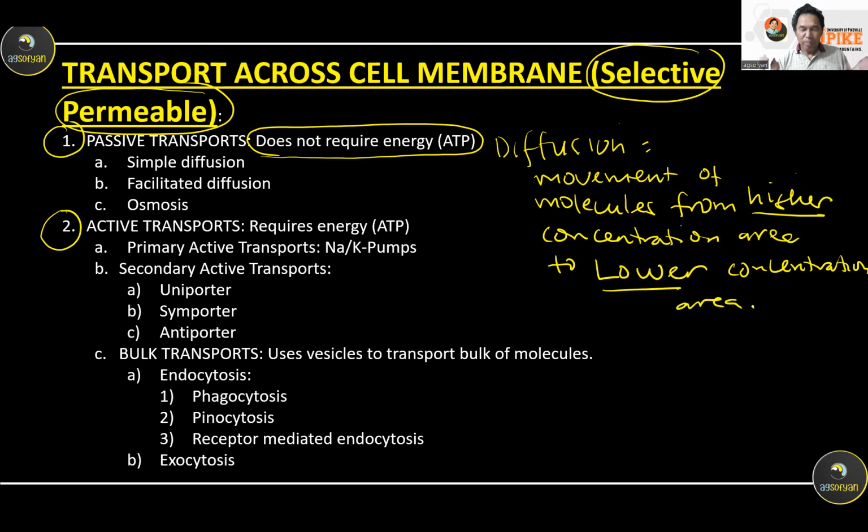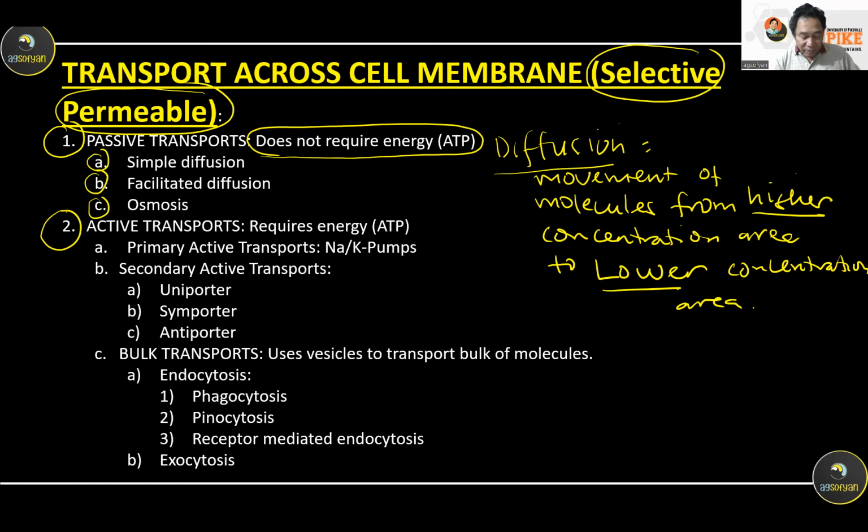Therefore, they do not require the energy. There are several types of passive transport. The first one is called the simple diffusion. The second one is called the facilitated diffusion. And the last one is called osmosis. We will discuss this later.